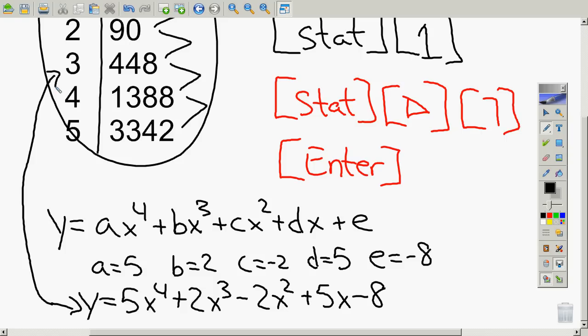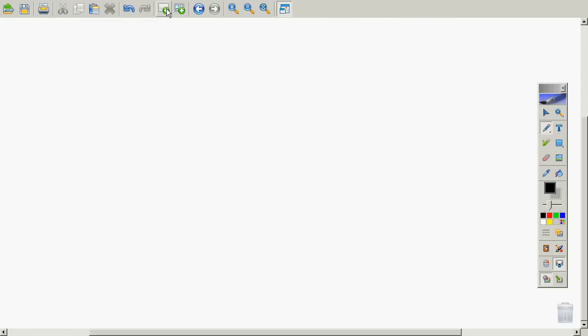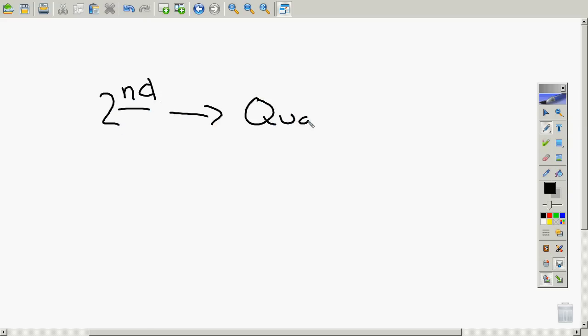Okay, now you've seen 3 examples. You've went through those. Now you're ready for the Act 2 activity. The one thing you've got to remember, a second degree is a quadratic.